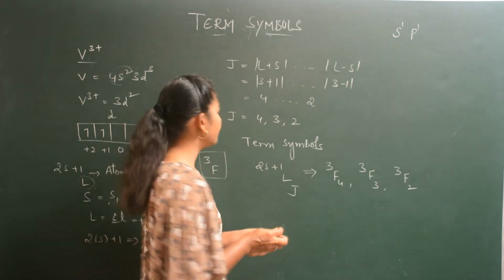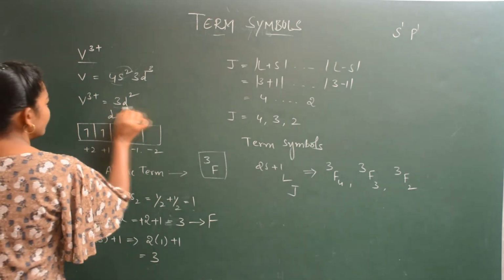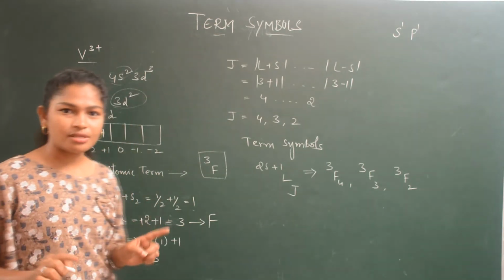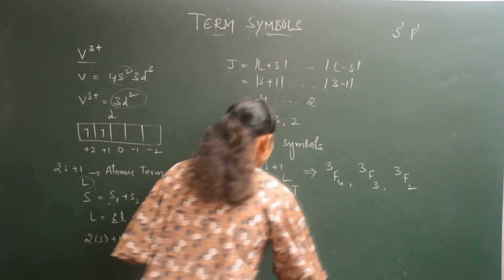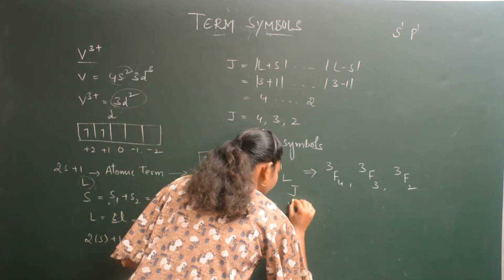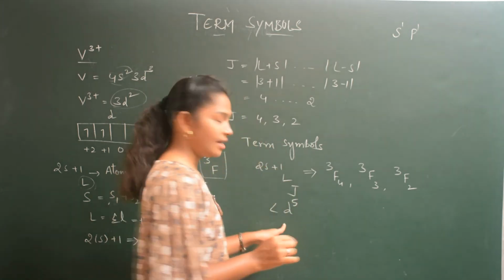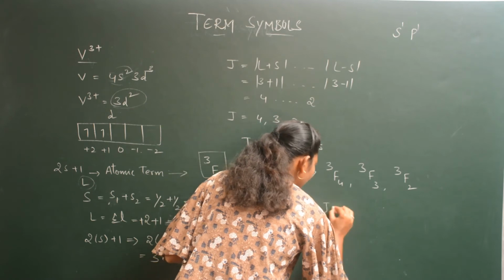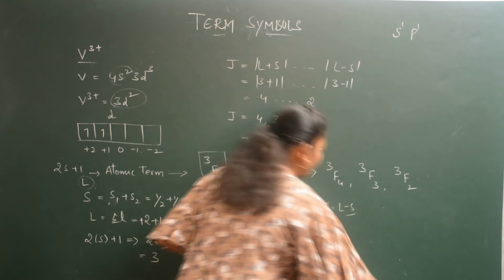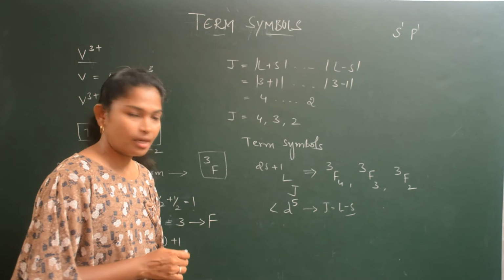now? See here, this is a D2 system, right? So that means D2 system is less than half filled. D2 is less than half filled. Then for J, what will you take? The L minus S value you have to take for the ground state term symbol. Okay.